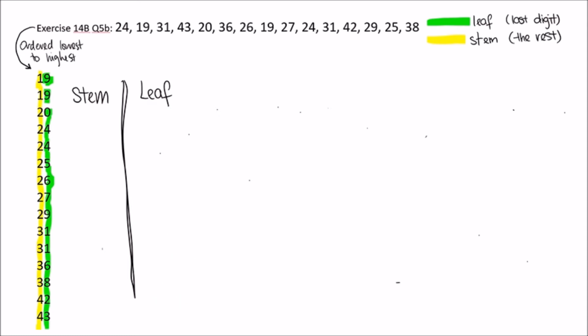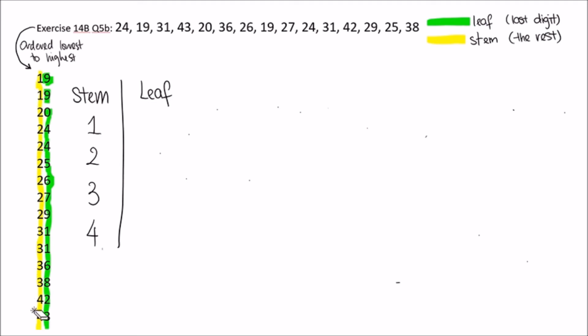Okay, let's start with our stem first. So our lowest stem is a 1, and our highest stem is a 4. This means that our stem goes from 1 all the way to 4. And I'm going to write that down, 1, 2, 3, 4. The line's too long, so yeah, there.